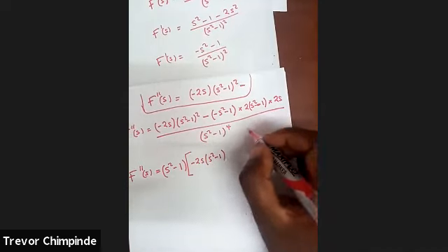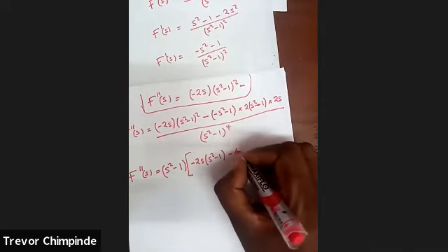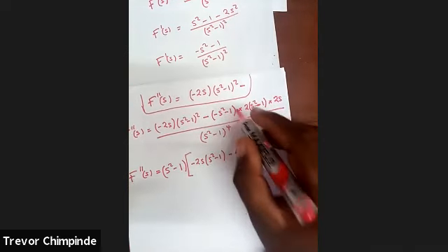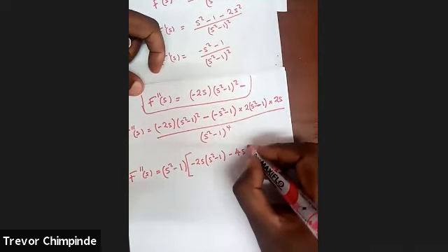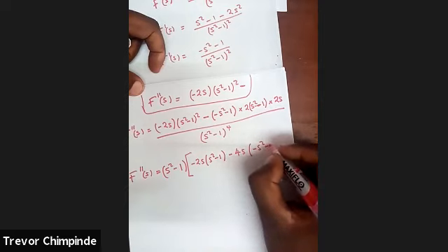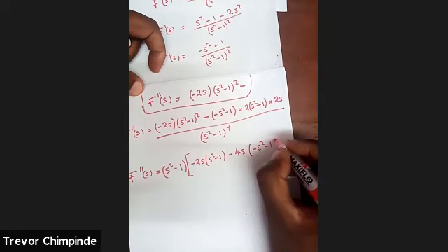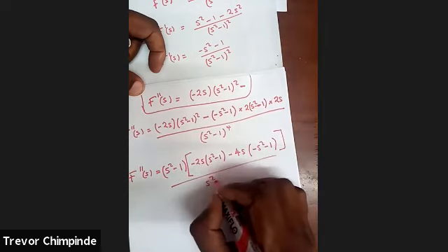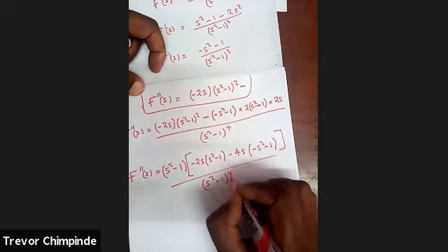And then what do I remain with here? I remain with minus 4s. Yeah, 4s. Then minus s squared minus 1. Yes. So everything over s squared minus 1 to the 4.